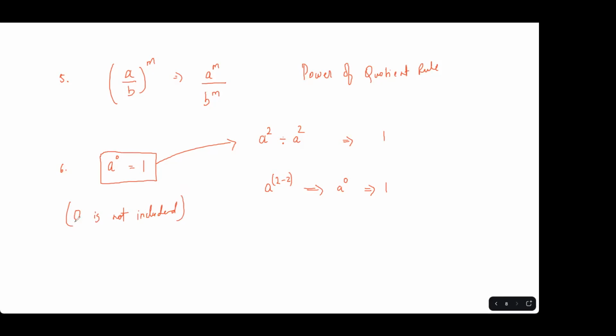Sir, what is 0 raised to 0? Its answer is undefined. Because when the numerator is 0, we consider the case as 0, correct? But now here, the denominator is also 0. When we divide any number by 0, what do we get? We either give the answer as infinite or undefined. So when it is 0 raised to 0, you'll give the answer as undefined.